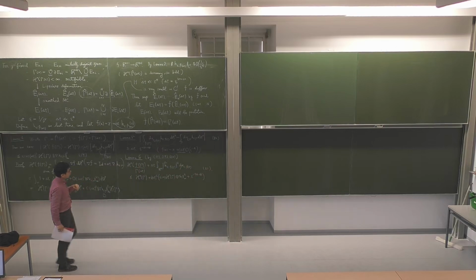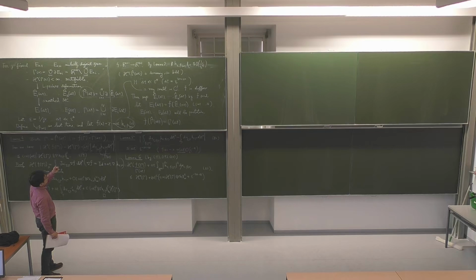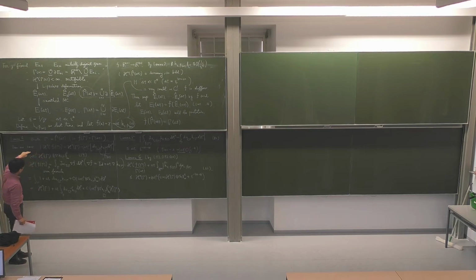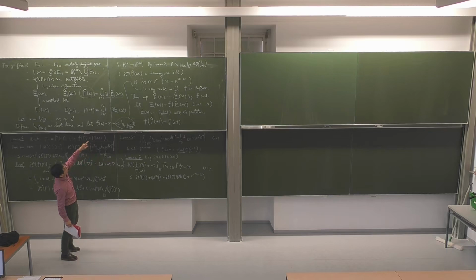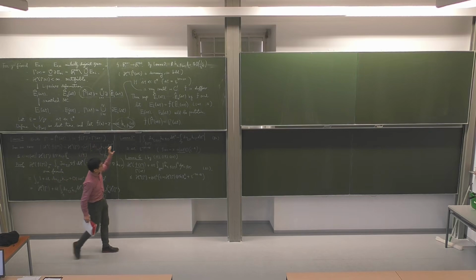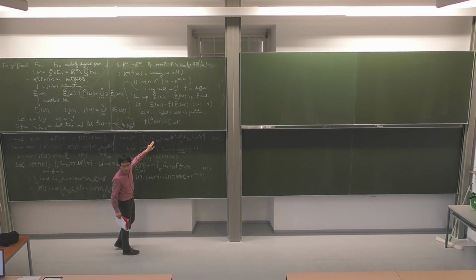So this follows fairly immediately because here we have this guy. Now you replace this using this lemma, so you can replace this by this. And we know by the formula that we had last time, this can be made explicit. This is exactly equal to this with a minus sign.